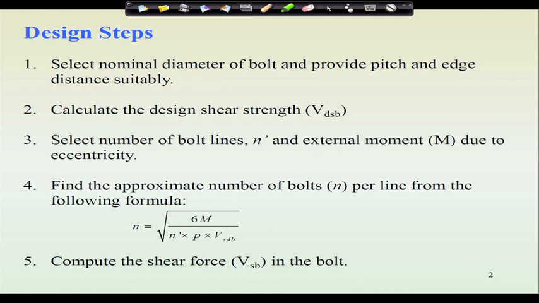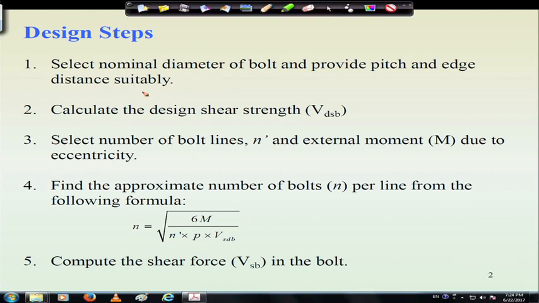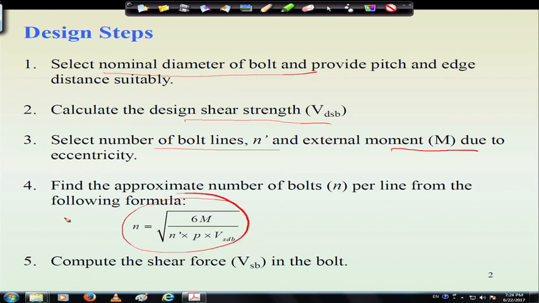Say in the first step we find the nominal diameter of the bolt and provide the pitch and edge distance. Then we find the design shear strength, assume the number of bolt lines, and find the external moment due to eccentricity. Then we can find the approximate number of bolts per line from this formula, and also the shear force coming into each bolt.